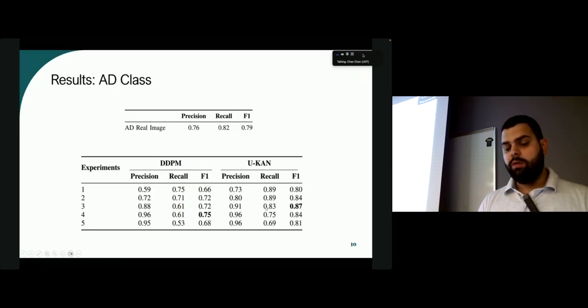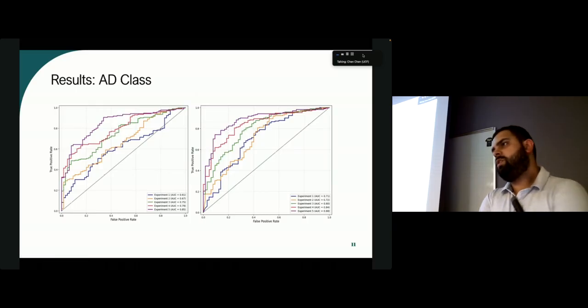And for the UCAN model, by the second experiment, it was already outperforming the baseline. It got to a point of 96% precision and also an F1 score of 87 compared to the baseline. This is an ROC curve that I generated, but it basically exemplifies again the results before.